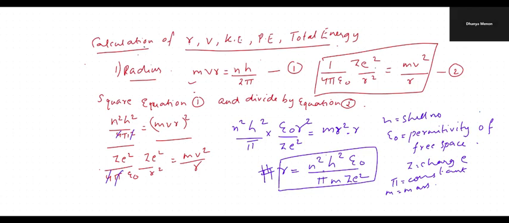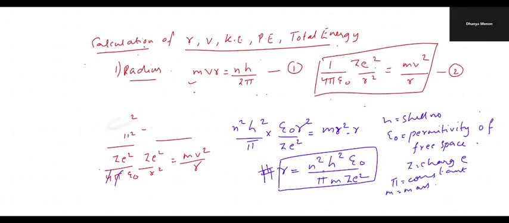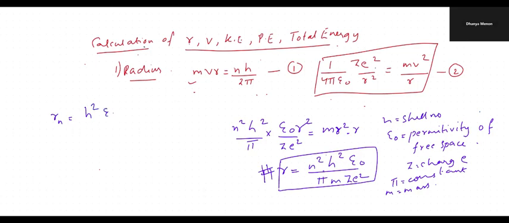Okay, now from this formula, I'm just accumulating the constant things together so that it's easy to remember. So radius of the nth shell, so h is constant, epsilon naught is a constant, pi m e square, all constant things, okay, n square by z.